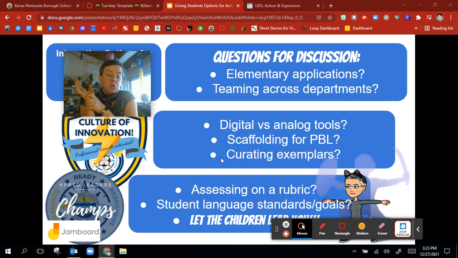Digital versus analog tools is another question. Well, we don't have that technology in our school, or we don't have access. Kids don't have access to that at home. And that's fine too. I mean, this type of project-based learning was invented way before the internet was invented. So there are lots of projects out there.